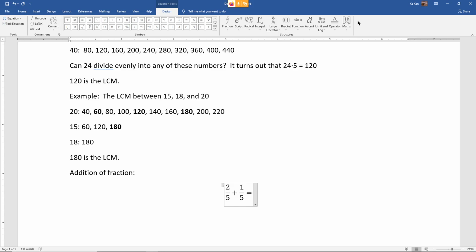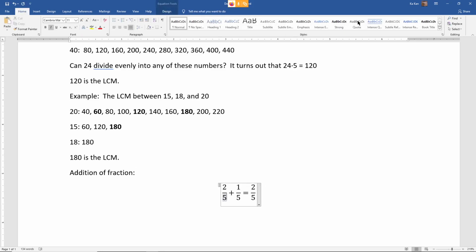So together is, let me just do, I usually do like this. 2 plus 1 like this. So the numerator got put together, but the denominator stays the same. So 2 plus 1 is on the top, 2 plus 1 over 5. So that's equal to 3 over 5. Well, that's pretty simple, right?